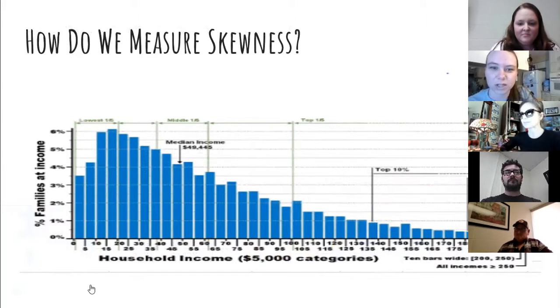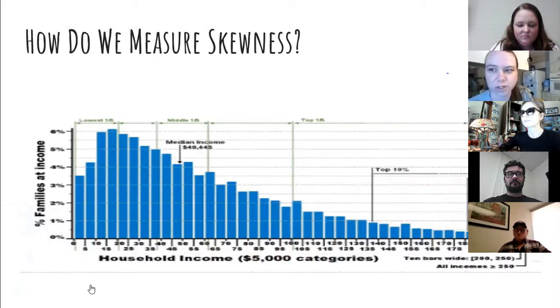So it's one thing to look at two sets of data and determine that one is symmetric while the other is asymmetric. And then it's another to look at two sets of asymmetric data and say that one is more skewed than the other. So it's very subjective to determine which is more skewed by simply looking at the graph of the distribution. So this is why there are ways to numerically calculate the measure of skewness.